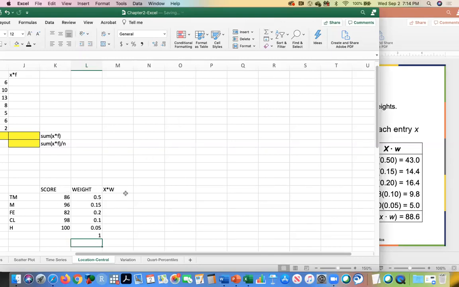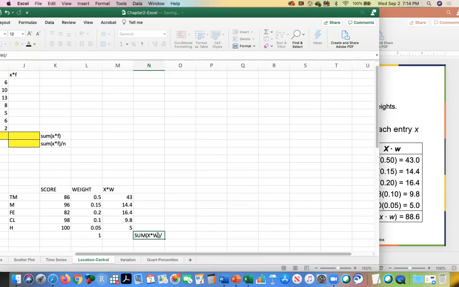So my formula tells me to multiply X times W. So I'm gonna do that. This is gonna be 86 times the weight. So I am going to scroll this down, and then I am gonna add. In this case, this is X times W. I want the summatory of the X's times the W's, and then divide this by the sample size, right?